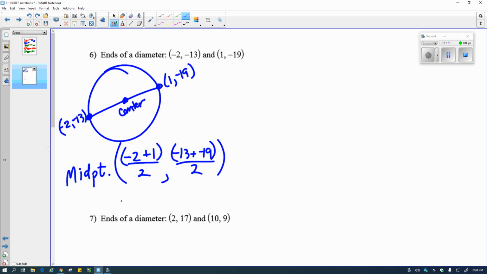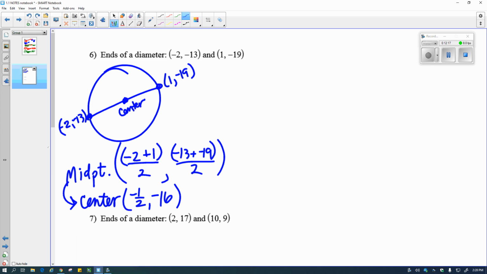But my midpoint, or my center, the midpoint formula will give me my center. The center is going to be negative 1/2, and that would be, negative 32 halves, so negative 16. Now, next thing I need to do is find my radius, and there are two different approaches for this.